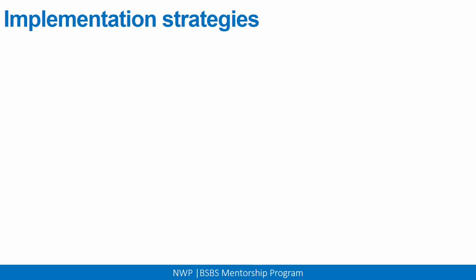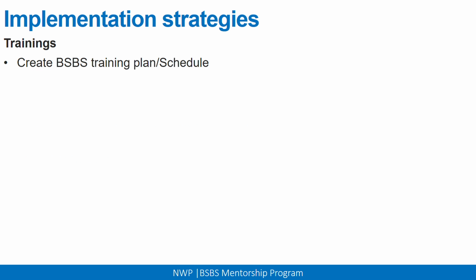Okay, so now how are we supposed to implement the trainings as well as the drills? This is how we'll implement the trainings. The first thing you'll be expected to do is create a biosafety and biosecurity training plan or schedule.